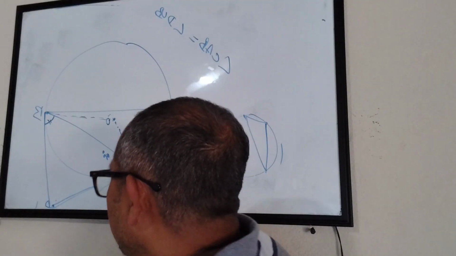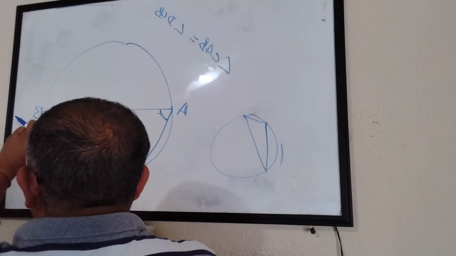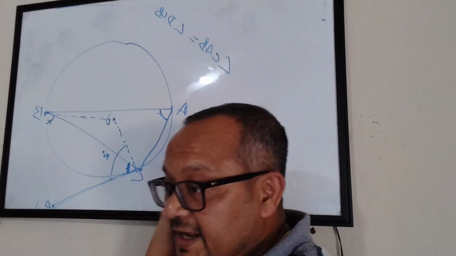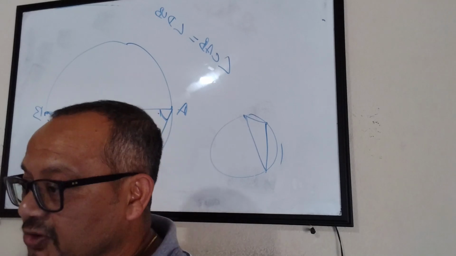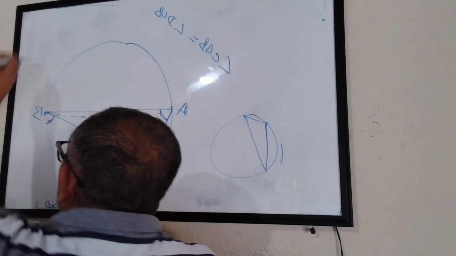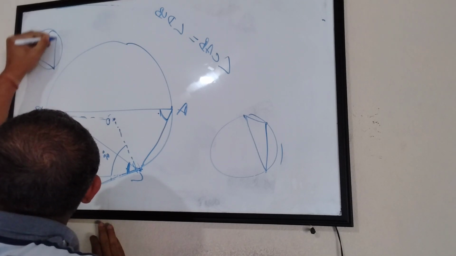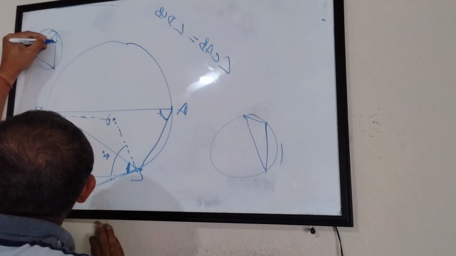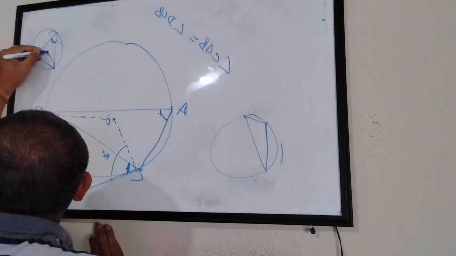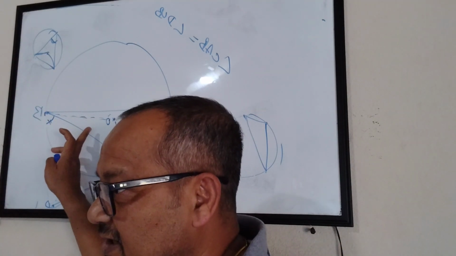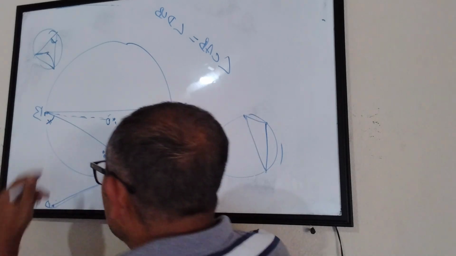So now, let me give you guys some clue here. As I said, the most important theorem with respect to circle is this one. If you have a chord, the angle that it makes on the perimeter is half of the angle it makes on the center. And that's the reason why I joined this. Now, what do we see from this?